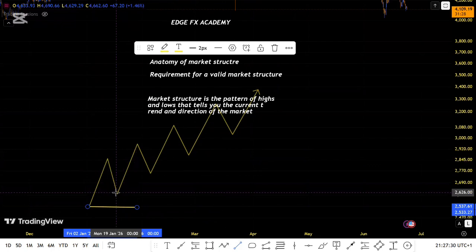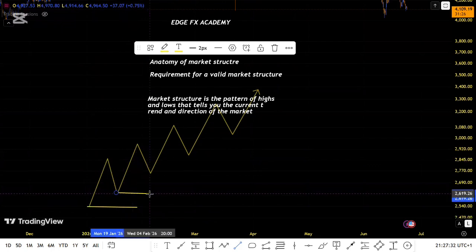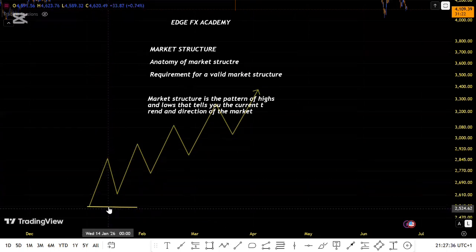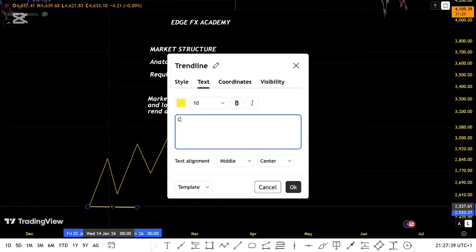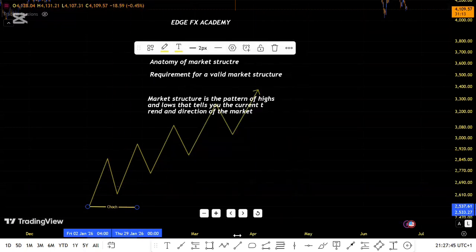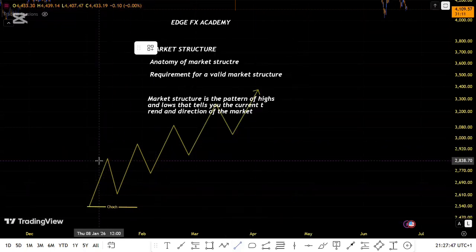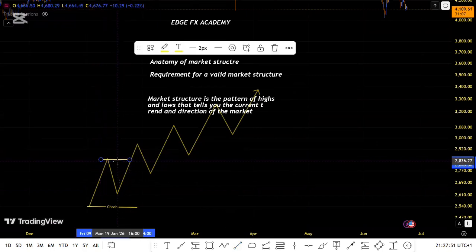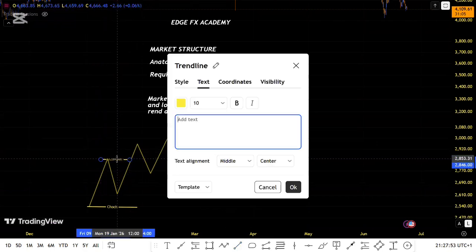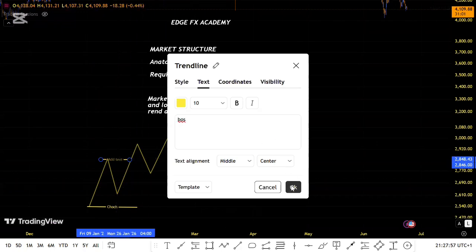Okay, we call this change of character. This becomes the breakout structure.